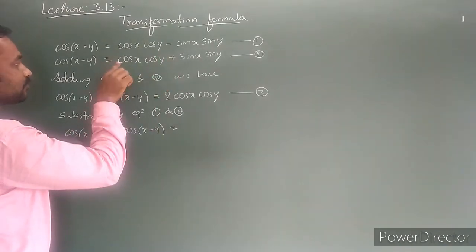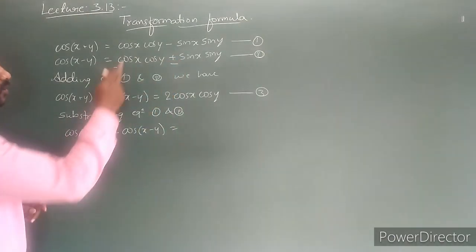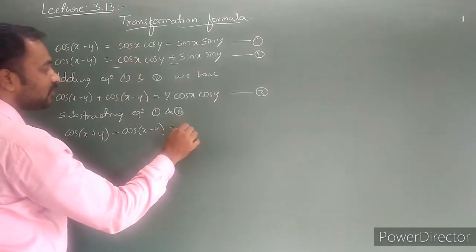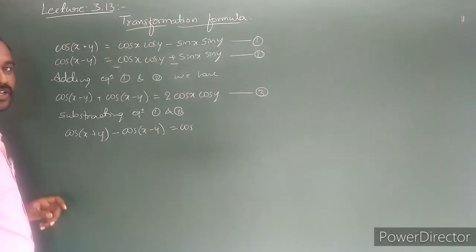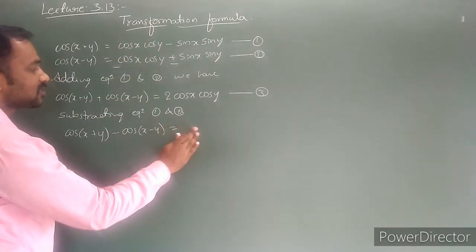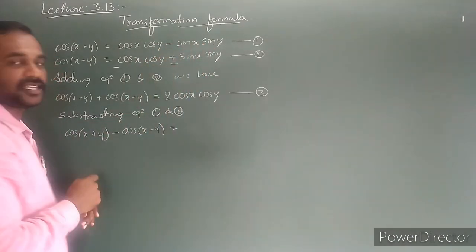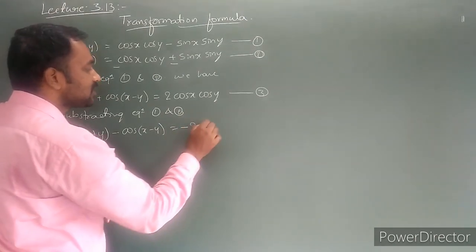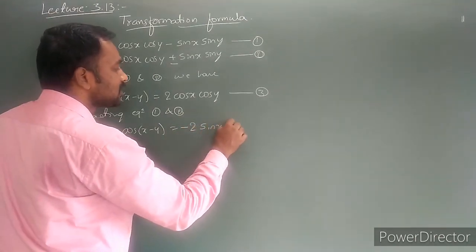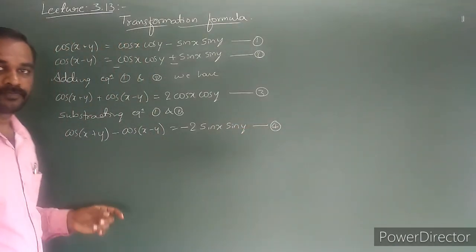Cos x cos y minus cos x cos y gets cancelled. Then minus sin x sin y minus sin x sin y, both have the same sign, so we get minus 2 sin x sin y. This is equation number 4.